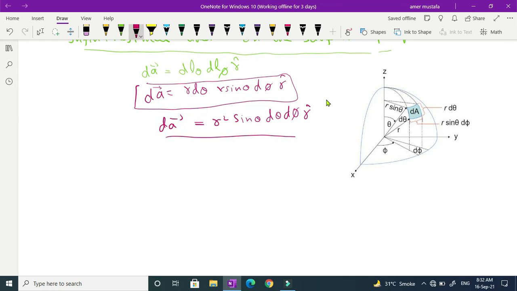Here we take another example. If you take an infinitesimal area in the horizontal plane, if the plane is the xy plane, then what would be the infinitesimal area?